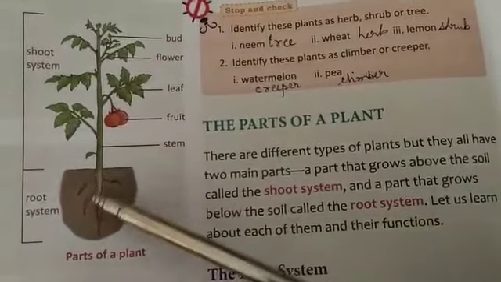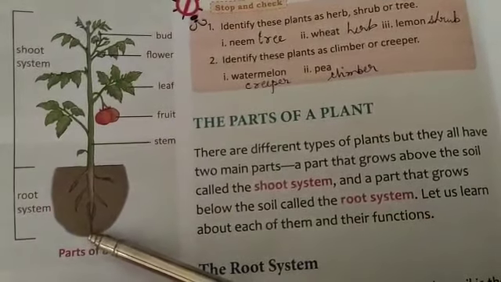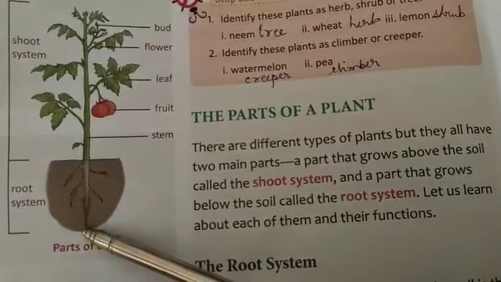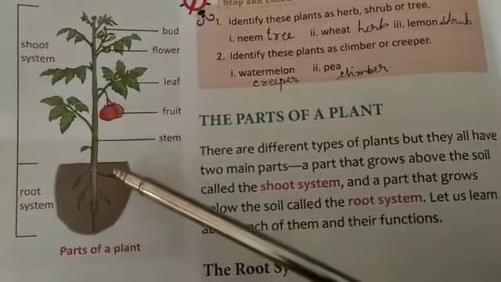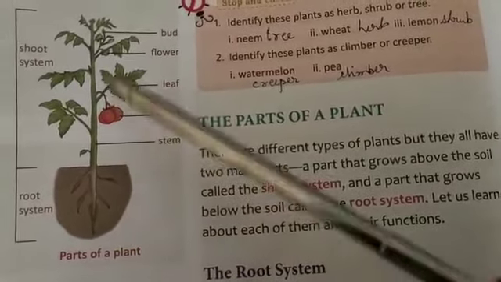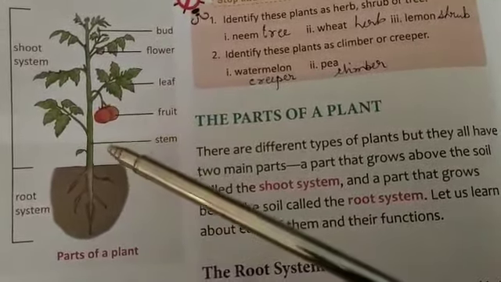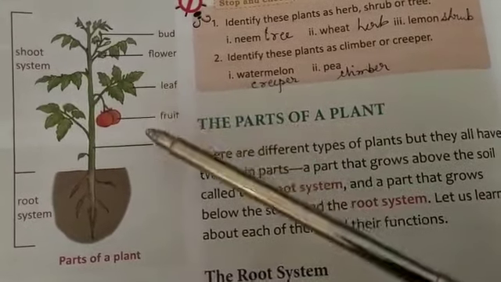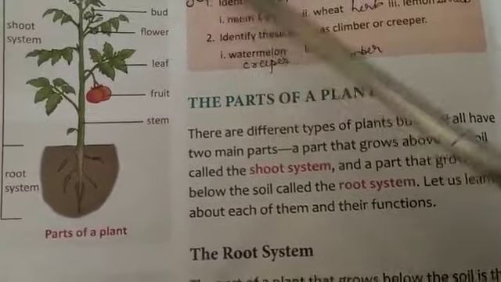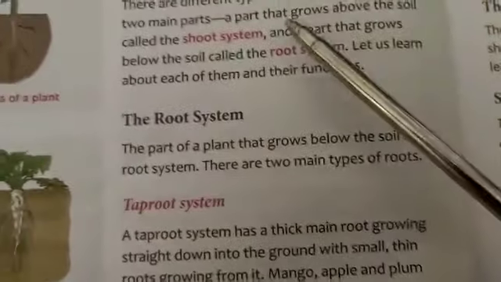And the part that grows below the soil, that is the root system. And we will learn about this in detail. In the root system, we find the roots, and in the shoot system, we find the stem, the fruit, leaf, flower, and bud.